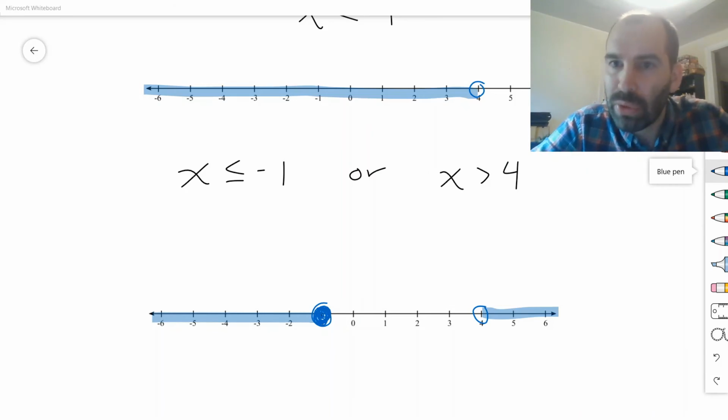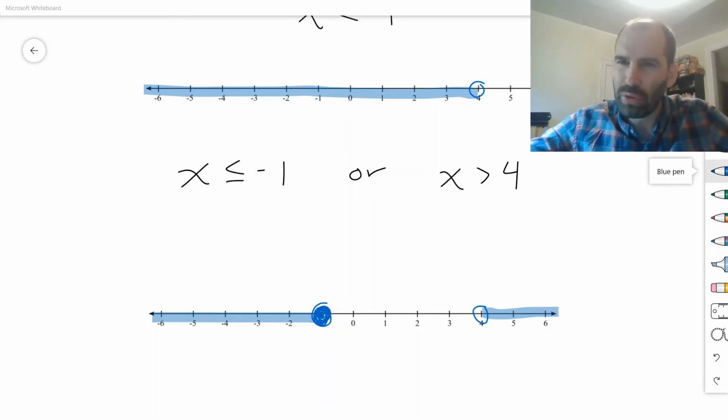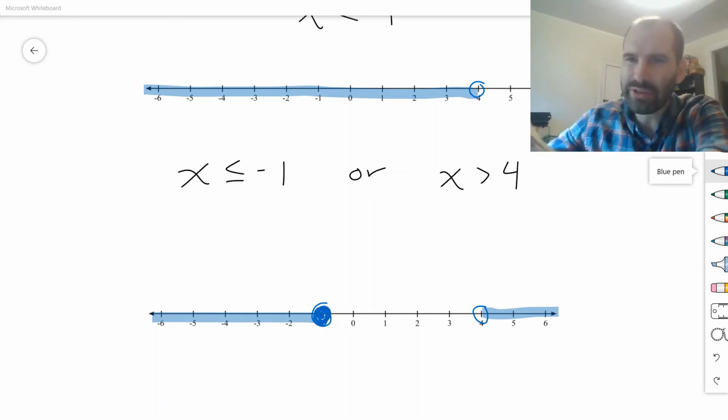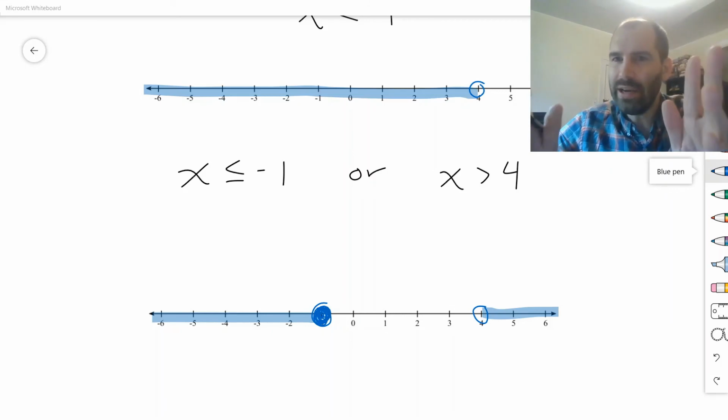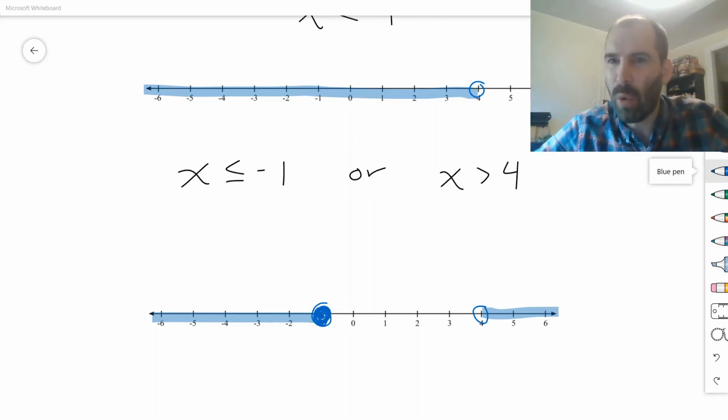Can it be both? No, it can't. You can't be both less than -1 and also be greater than 4. So that's why I'm using an or here as opposed to an and. Last time, you could be both one inequality and also the other, so we put an and. Here, you have to be one or the other. You can't be both, so I write an or.